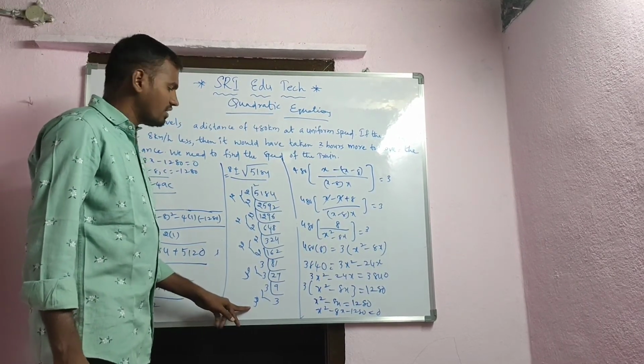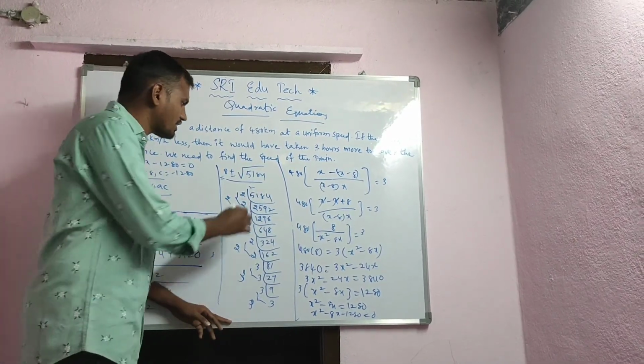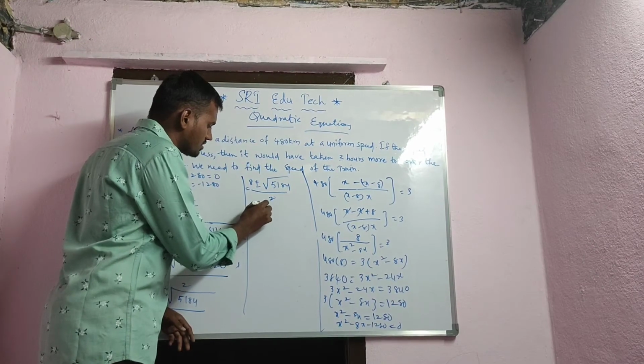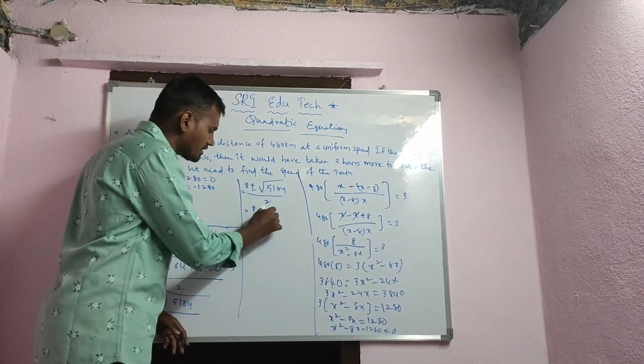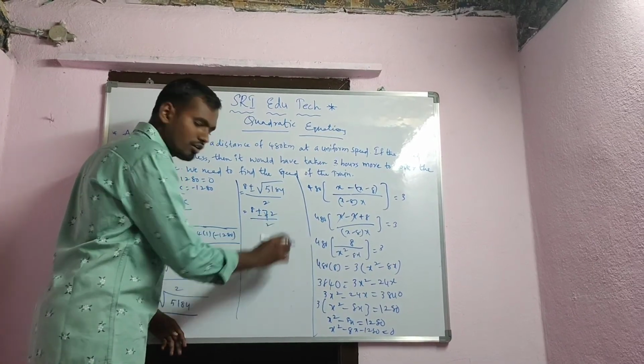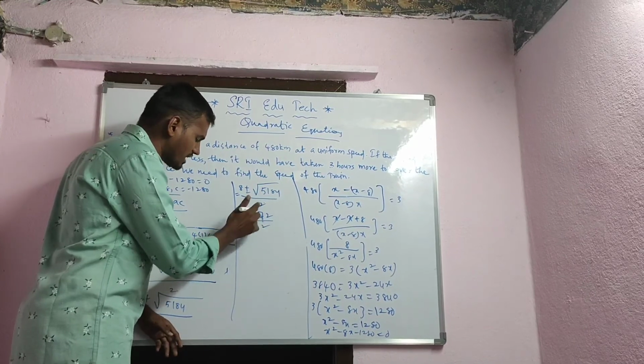Then the root of 5184 is equal to how much? 72. See, 8 plus or minus root 5184, value 72, by 2.